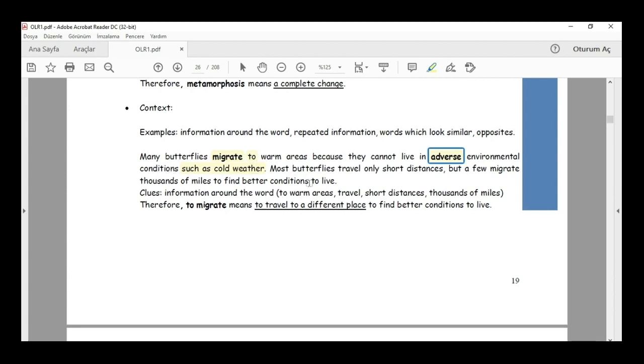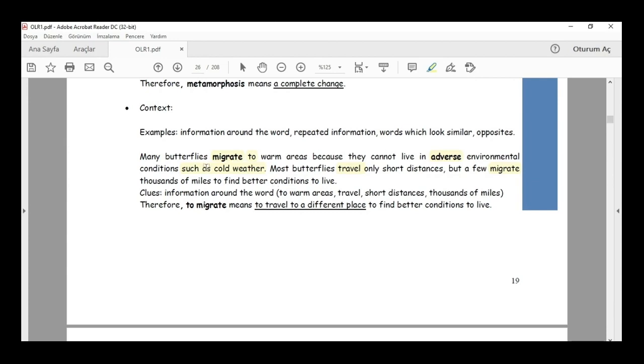Now, let's try to understand what migrate means. Now, butterflies cannot live in bad weather, right? They cannot live in bad environmental conditions, so they do something. They migrate. Most butterflies travel only a short distance, but a few migrate, again, thousands of miles.